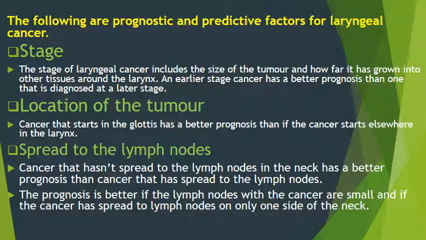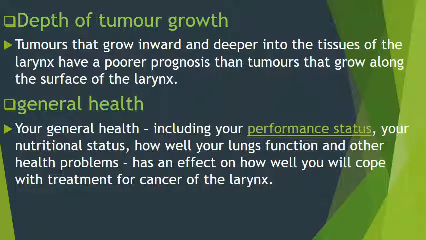There are many factors that contribute to determining the prognosis of cancer in the larynx. Depth of the tumor growth: tumors that grow inward and deep into the tissue of the larynx and neck have, of course, a poorer prognosis than a tumor growing along the surface of the larynx, because the deeper the tumor grows, the more it invades the surrounding structures.